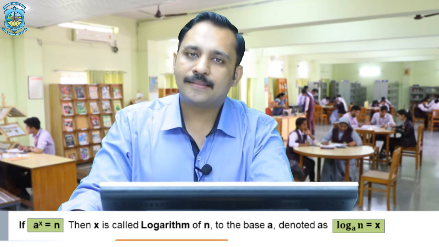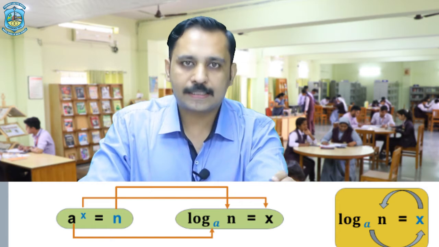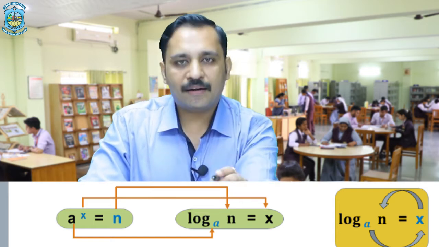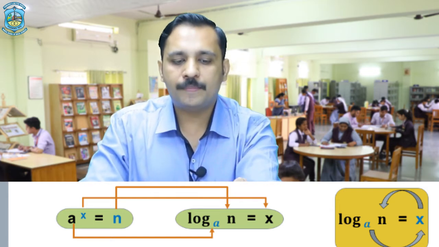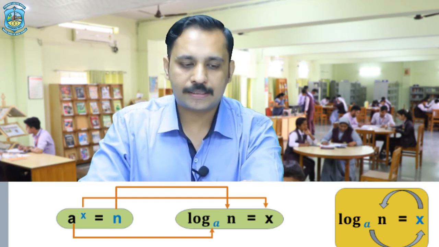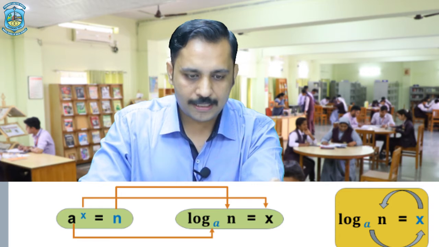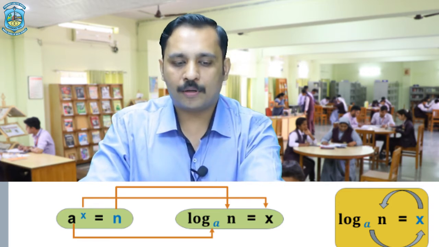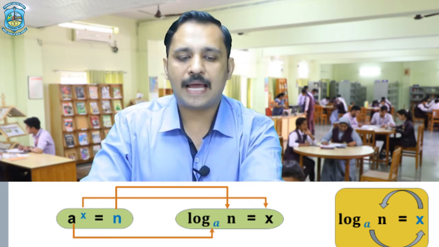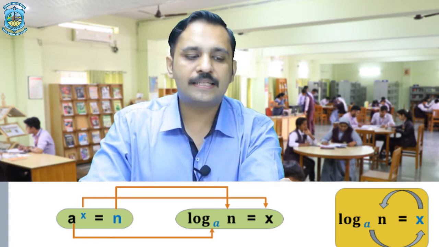Let us understand this concept further. If we have a raised to power x is equal to n, we can write it as log of n to the base a is equal to x. Now here, try to understand that in the first equation, the number n is actually the input for the logarithm. So this n comes as an input of the logarithm. The base here is a.